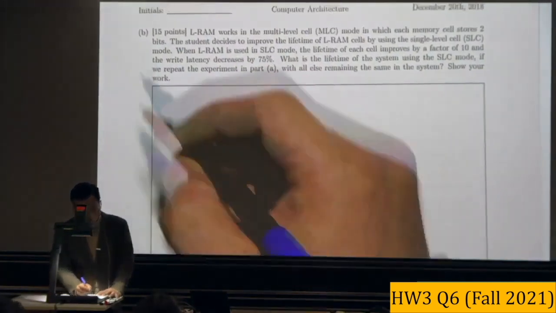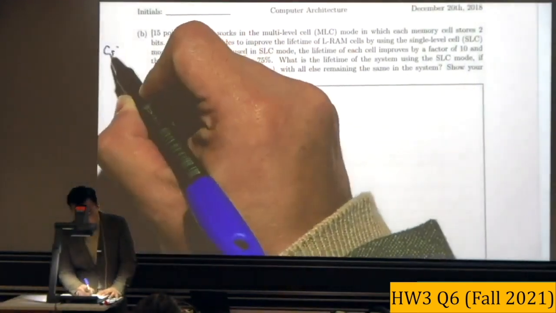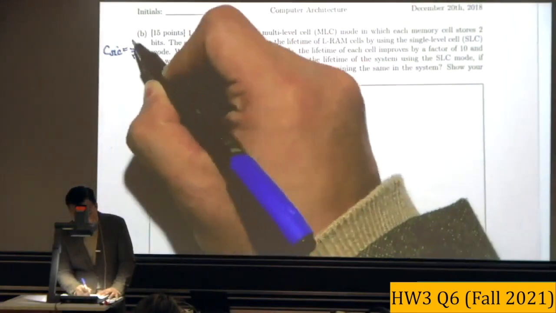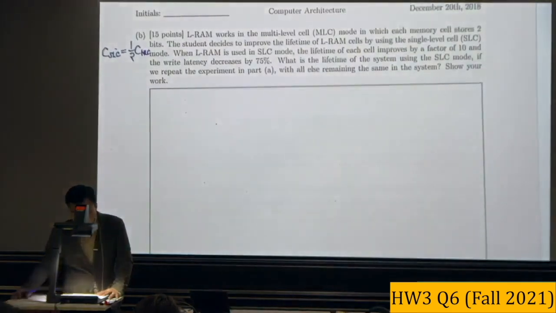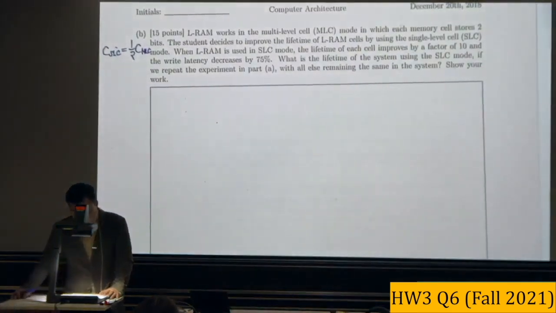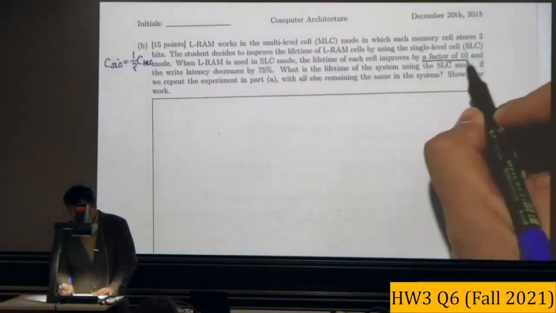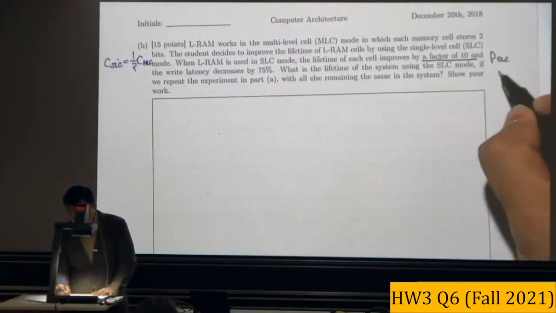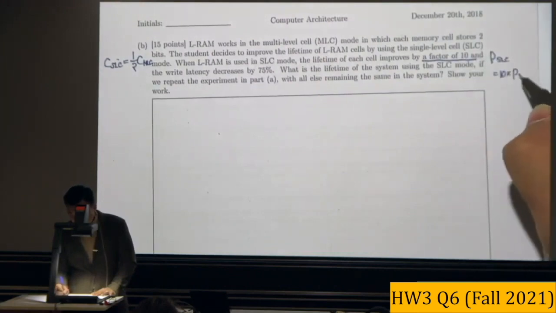It means that our capacity of SLC LM device is half of MLC device, right? And when LM is used in SLC mode, the lifetime of each cell improves by a factor of 10. It means the limited program cycle of SLC is 10 times that of MLC device.